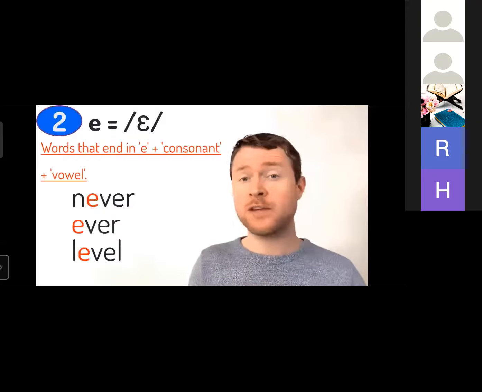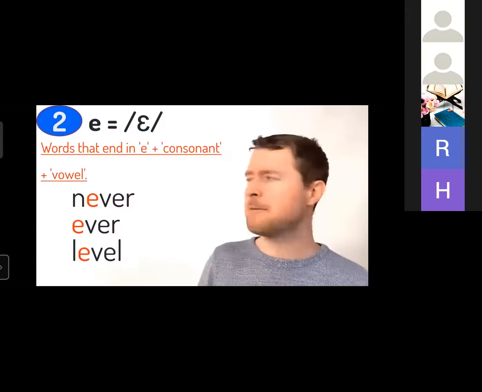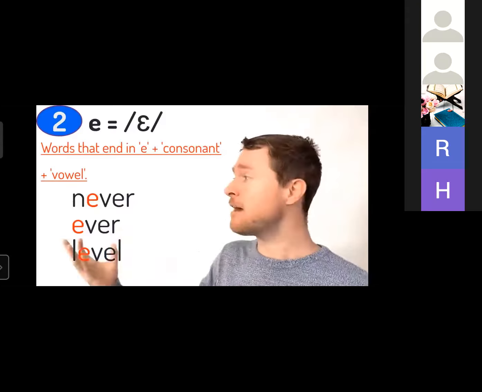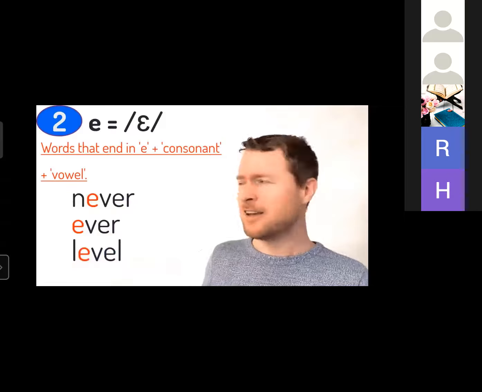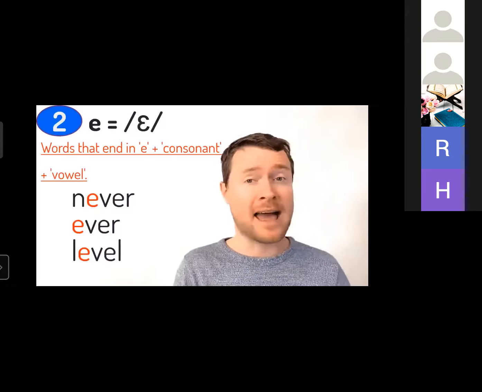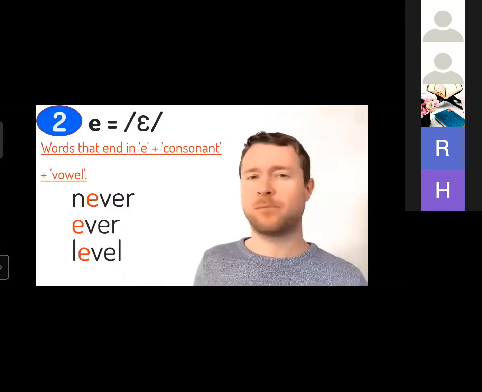All of these words have the letter E followed by a consonant followed by another vowel. Sometimes it's another E, like in never or ever or level. When you see that, often in English it's pronounced E. Never, ever, level. Well done.